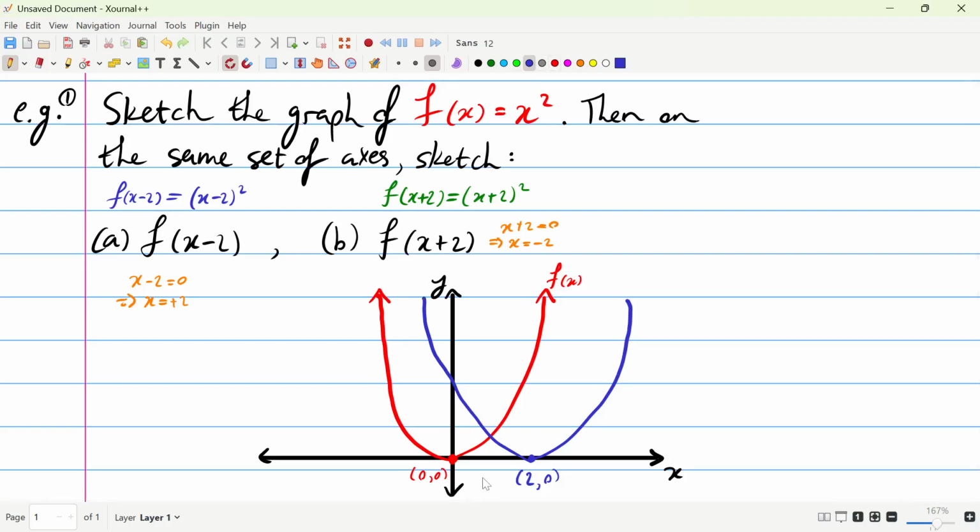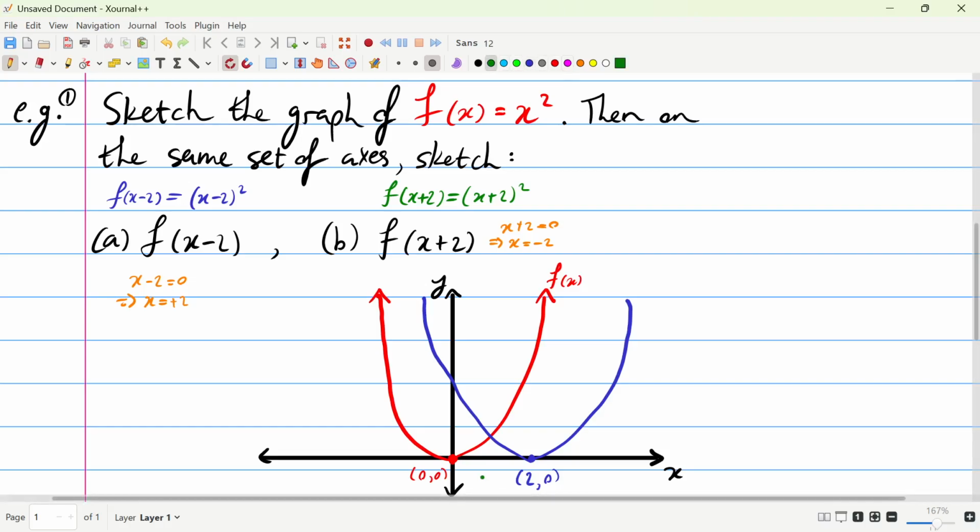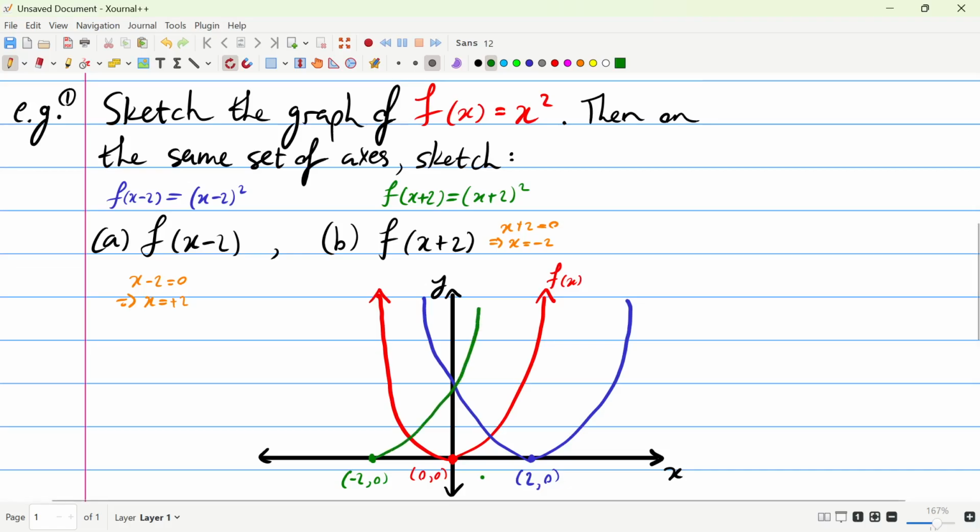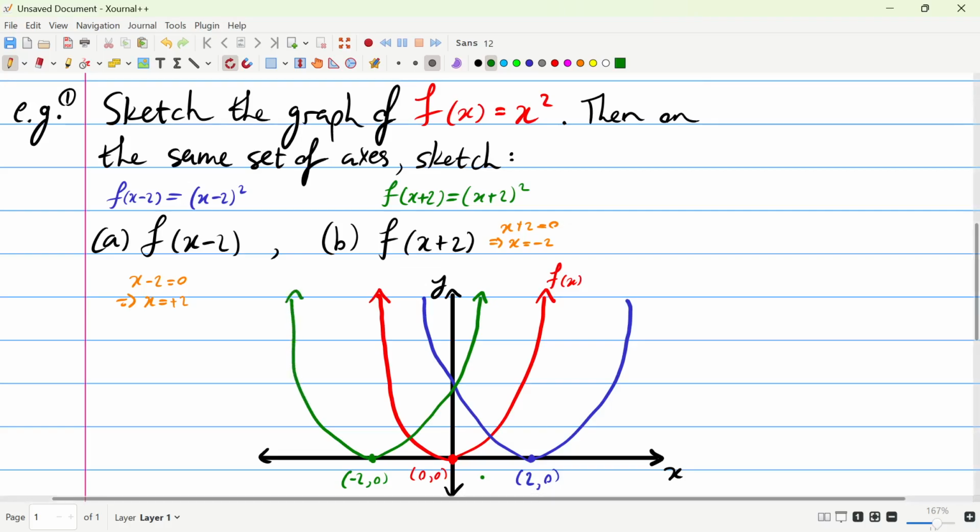And then here, we are going to have the green one, which is the left shift by 2 units, okay? So here we go, let's put this over here, and then this coordinate is just going to be negative 2 and 0, okay? There we go. We have the left shift. Not the most perfect parabolas, but it's something. So there we go. So the blue one is obviously f of x minus 2.